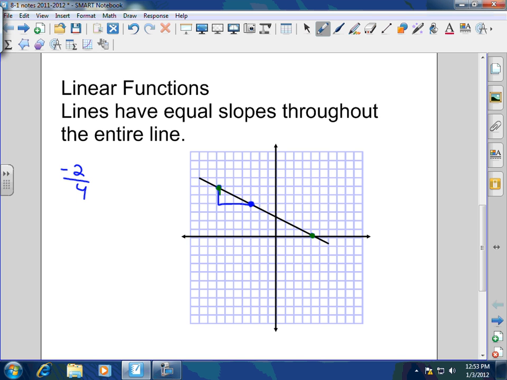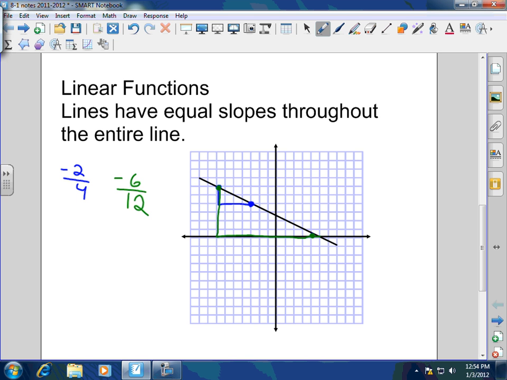I'm going down 1, 2, 3, 4, 5, 6 over 1, 2, 3, 4, 5, 6, 7, 8, 9, 10, 11, 12. Well, I'd be going down negative 6 over 12 again.